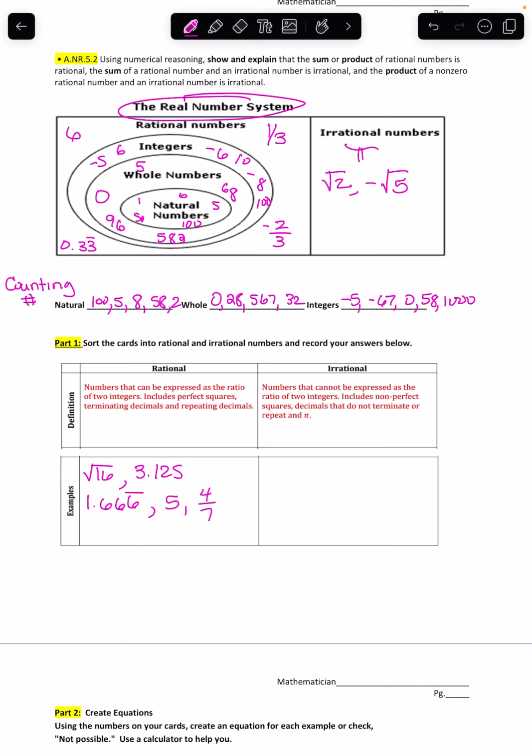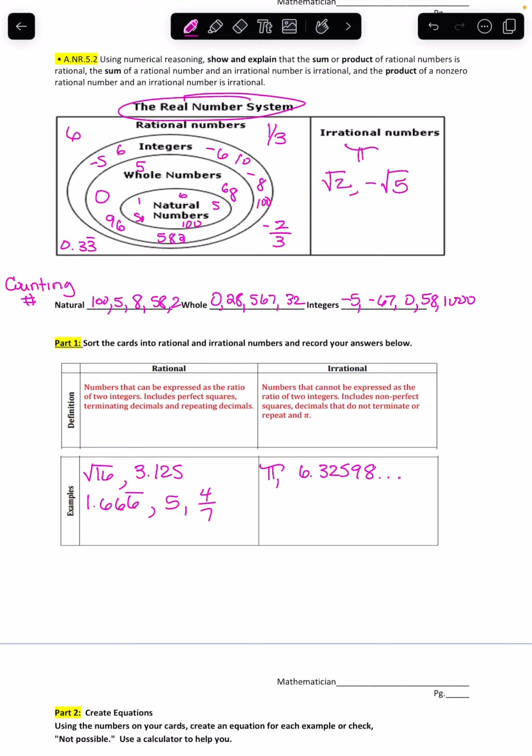Irrational numbers are numbers that cannot be expressed as the ratio of two integers, including non-perfect square roots, decimals that do not terminate or repeat, and pi. Of course, let's start with pi because we know that keeps going. But you also have something like 6.32598, and when they put the three dots, that tells me this number keeps going and doesn't stop.